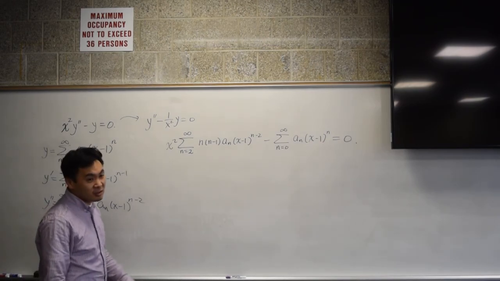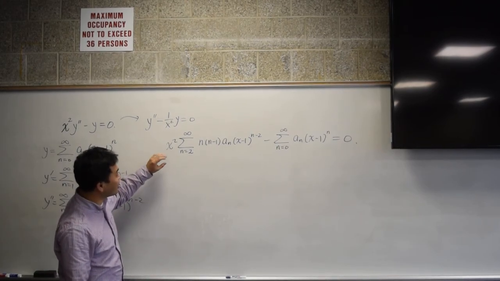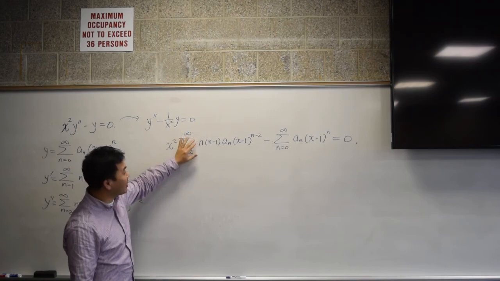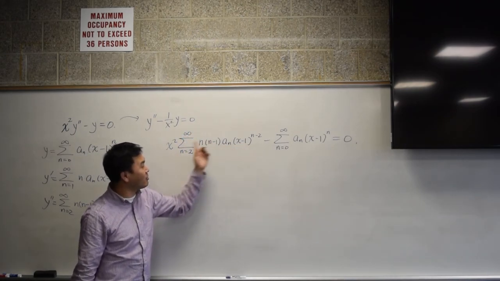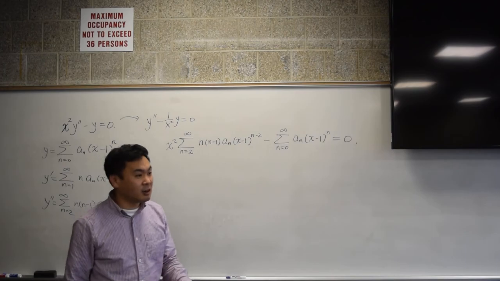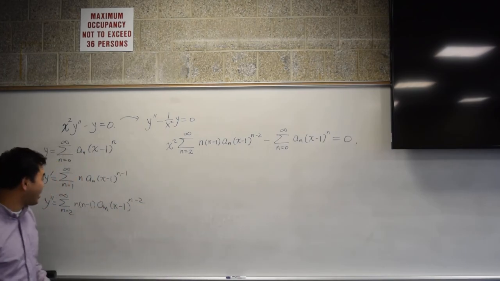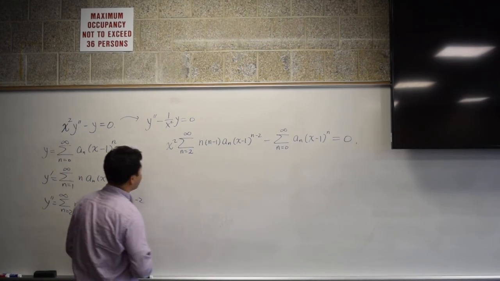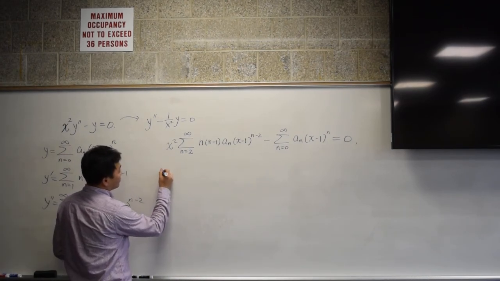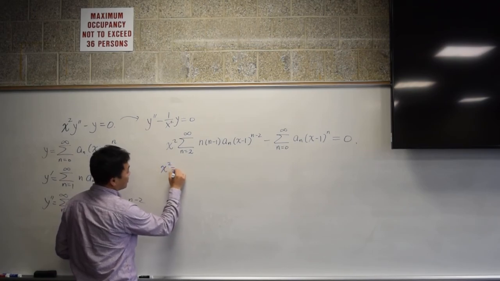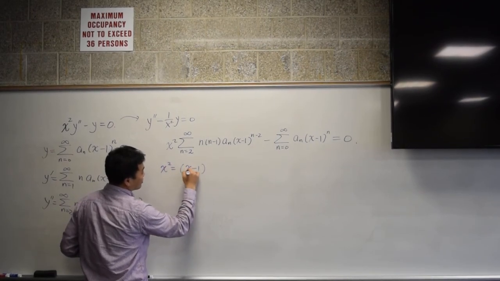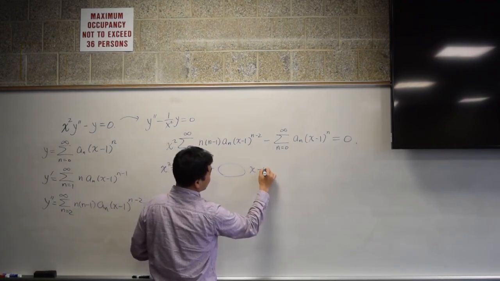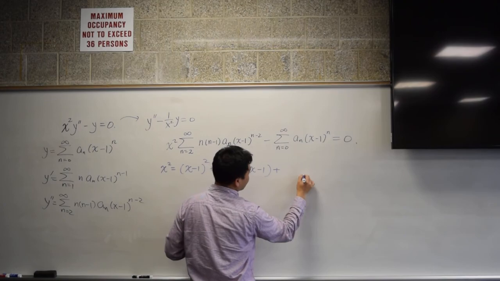Now the trouble I'm getting is that if I move the x squared inside, x squared cannot be multiplied into this because they have different bases. So in order to compute further, I need to figure out how to rewrite x squared as (x minus 1) squared plus something times (x minus 1) plus something.